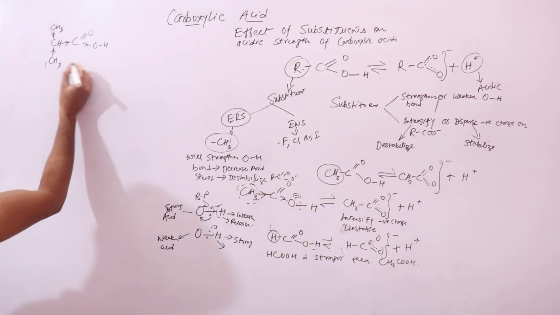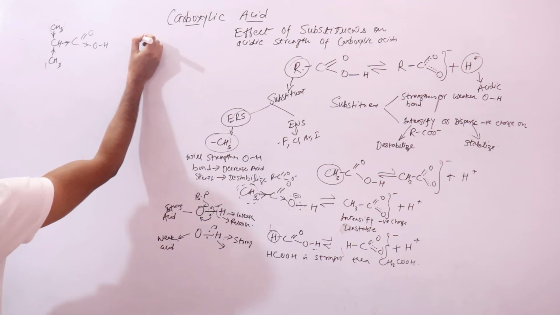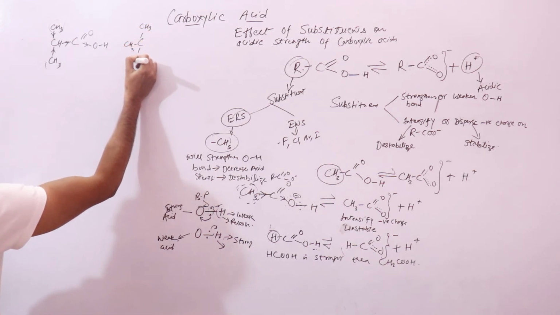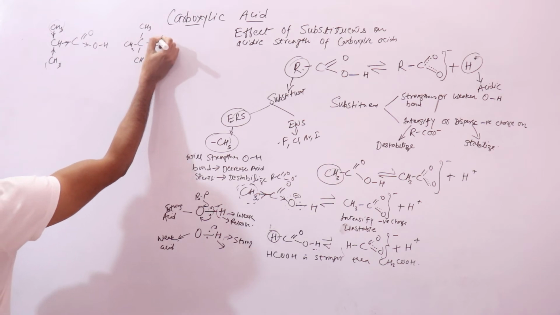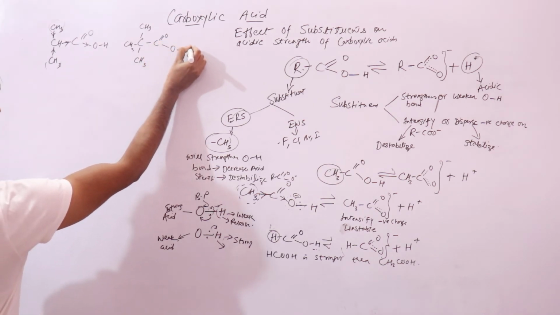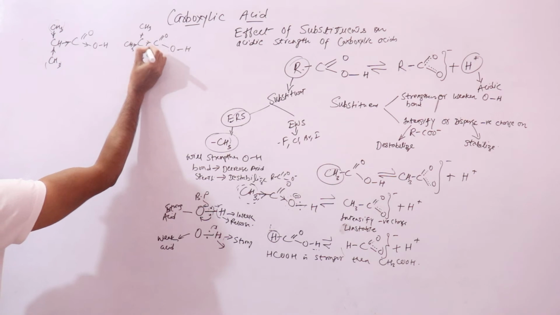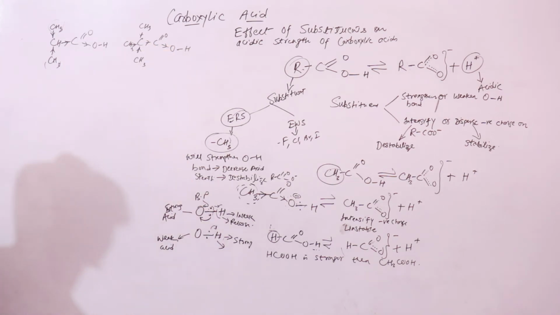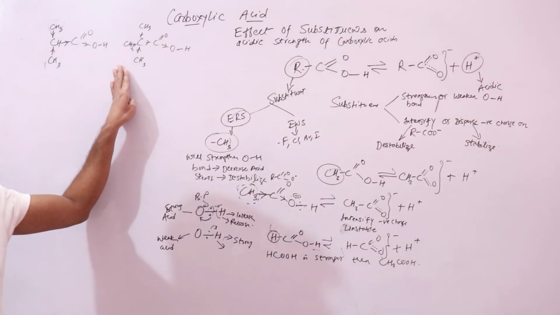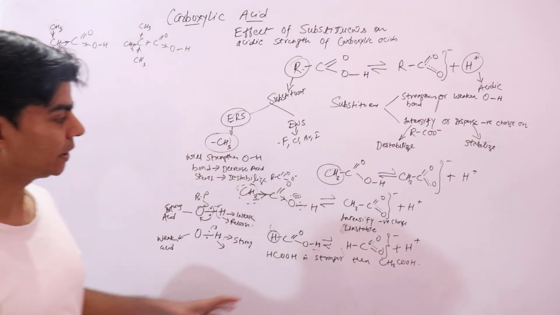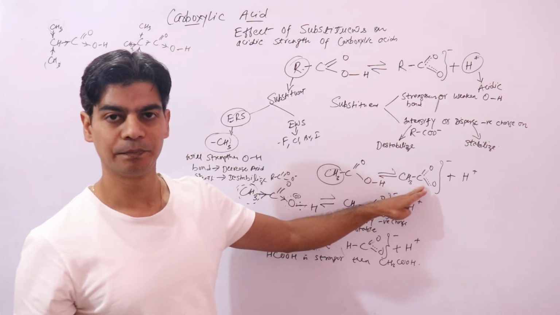Now suppose we have this acid, now we have three methyl groups, right? All these three methyl groups are electron releasing. So it will strengthen this OH bond to the maximum and will intensify the negative charge to the maximum, right?